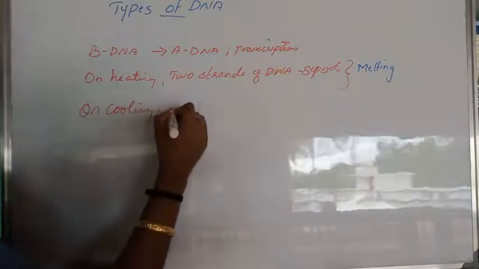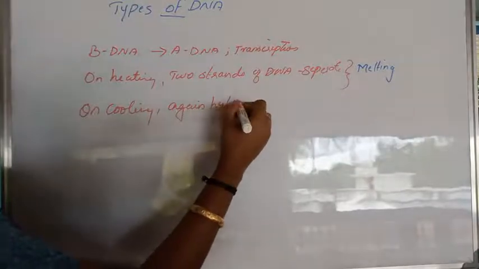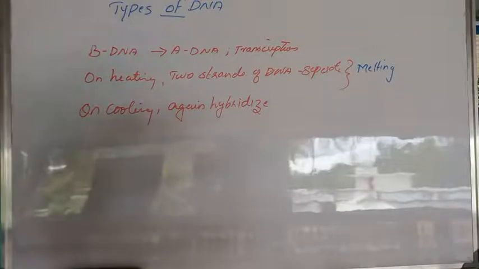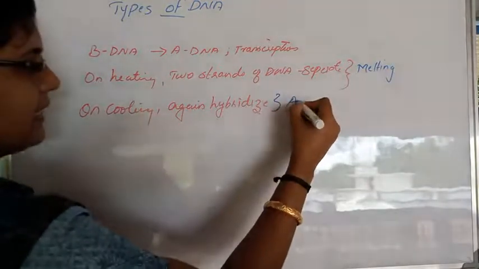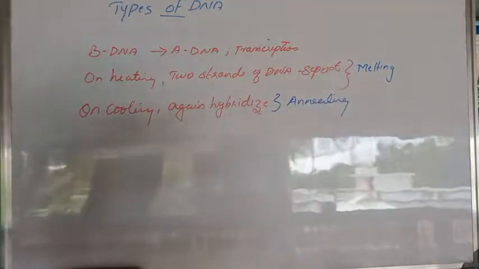That process is called annealing. So melting is, on heating, the two strands of DNA separate, and on cooling, the separated strands of the DNA again hybridize, which is called annealing.